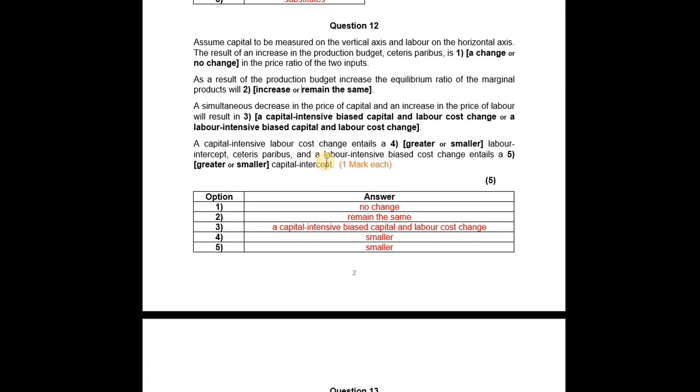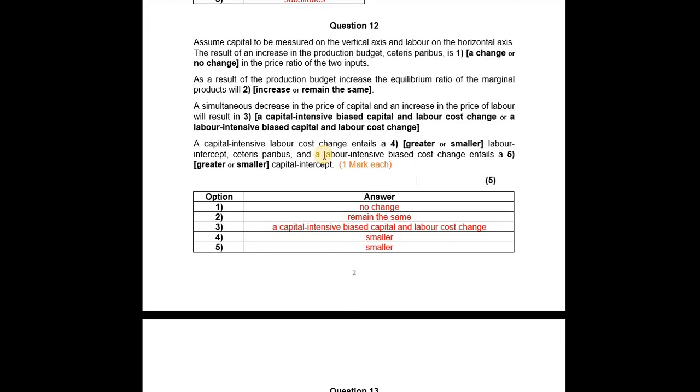Okay, or also here is small. Okay, or this statement here says a labor intensive biased cost change entails that now if the production is labor intensive, it means that it's advisable for the firm, or it's wise for the firm to employ labor than it is to employ capital.